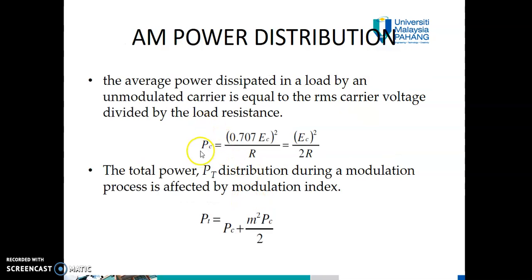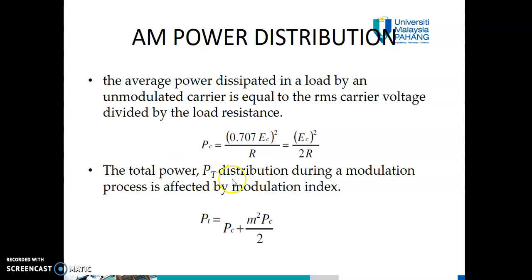The average power dissipated in a load by an unmodulated carrier is equal to the RMS carrier voltage. Remember, if you are using the RMS carrier voltage, you must use the formula PC equals Vc squared over 2R, where R is sometimes 50 ohm, sometimes 75 ohm, depending on the question. Normally in the frequency domain we tend to analyze the power transmitted.